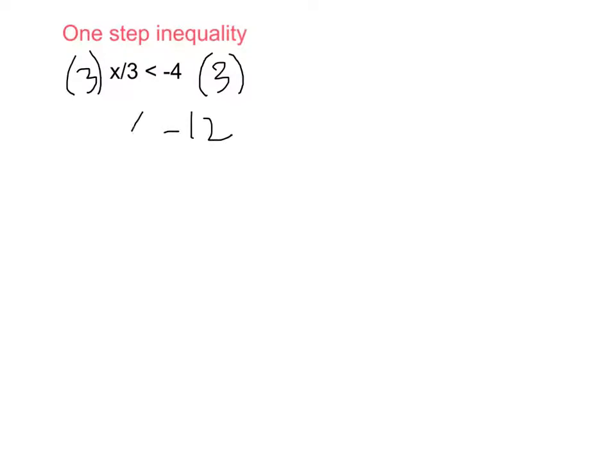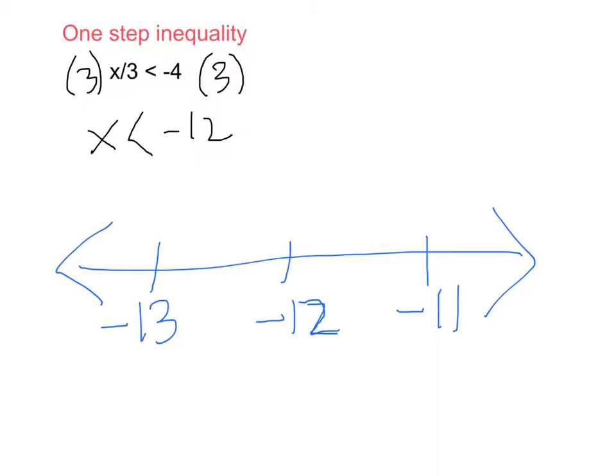So you would have x is less than -12. Since this is not an equal to problem, you would have an open circle around the -12, and you'd have the arrow going to the left.